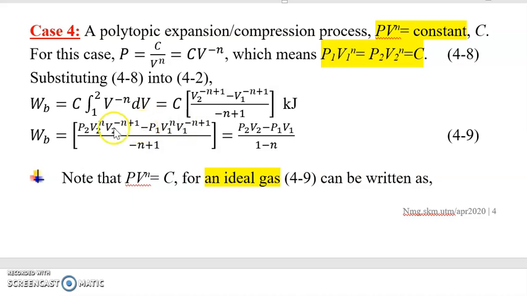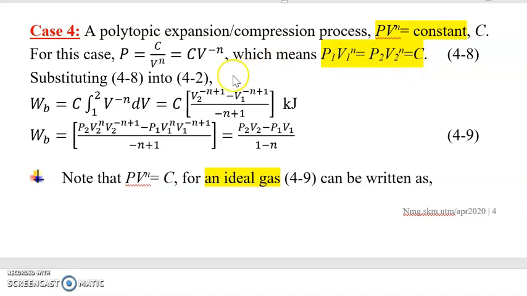Finally, in case 4, a polytropic expansion or compression process. So we have here, as introduced in the first module, PV to the power of index n is a constant. In this case, it means P1 V1 to the power of n, the n is only applicable to the volume, which is equal to P2 V2 to the power of n, is a constant.